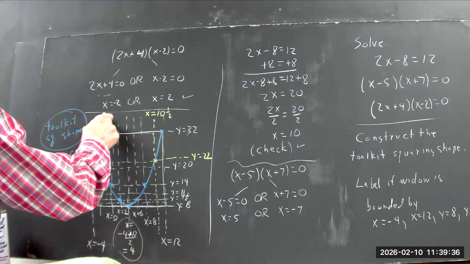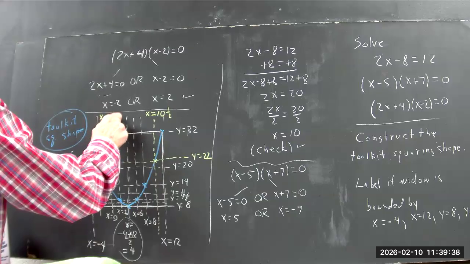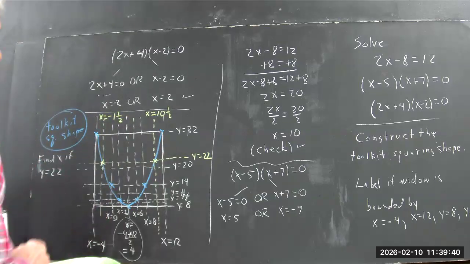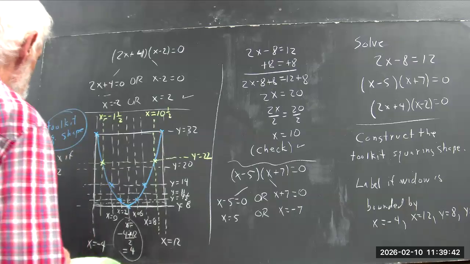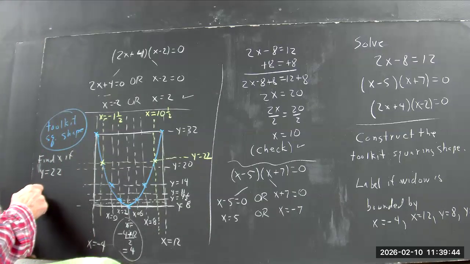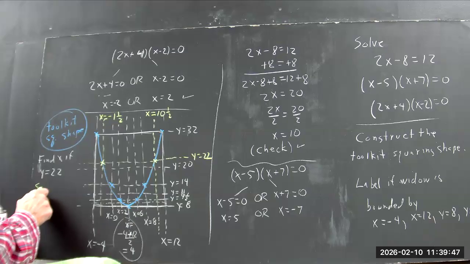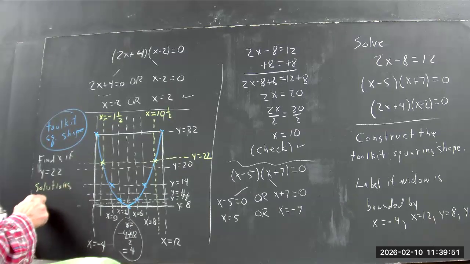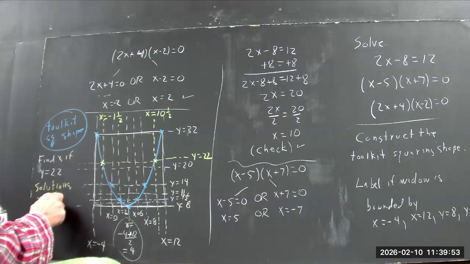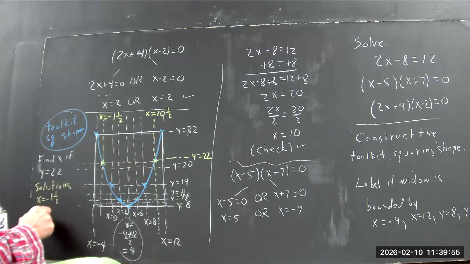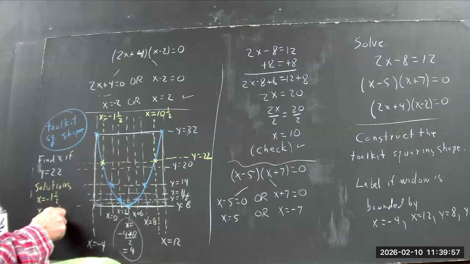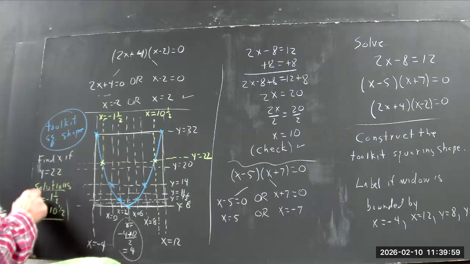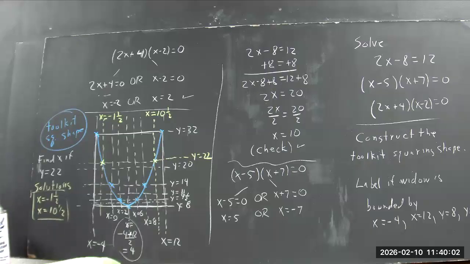I'm going to say x really looks like it's about -1.5. Okay.